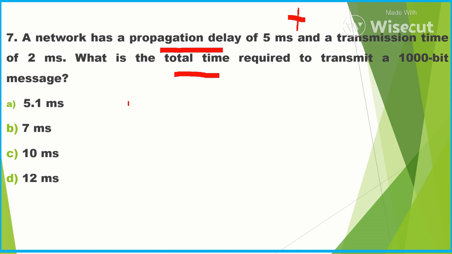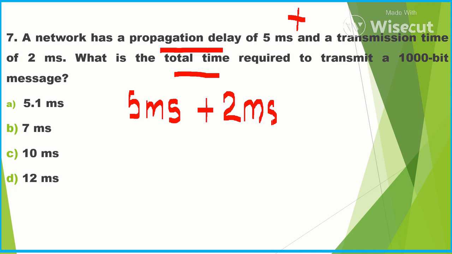So how much is the propagation delay given? That is 5 milliseconds. And what about the transmission time? That is 2 milliseconds. So 5 plus 2 milliseconds is equal to how much? That is 7 milliseconds. And one more thing here, a 1000-bit message is given, but the length of the message does not affect the propagation or transmission time.